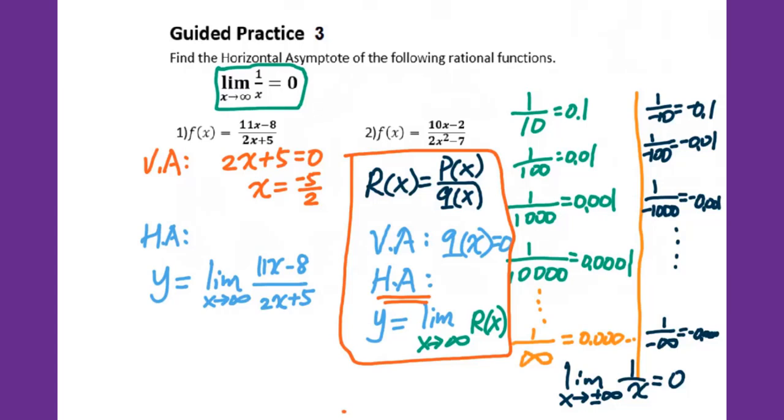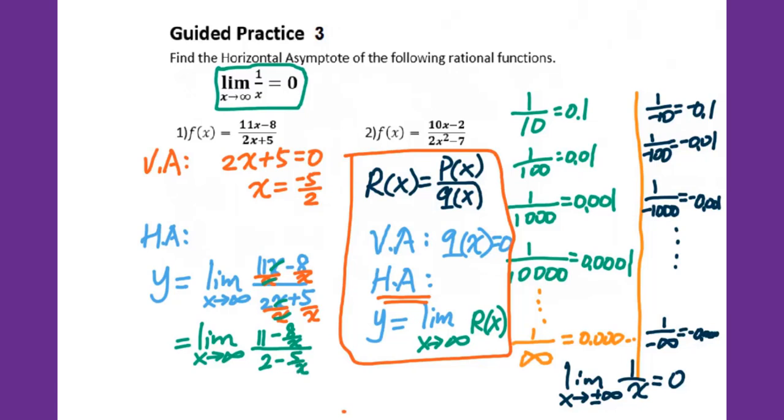You find the term with the highest exponent, that is x. So divide every single term of this rational function by x. Then we reduce.